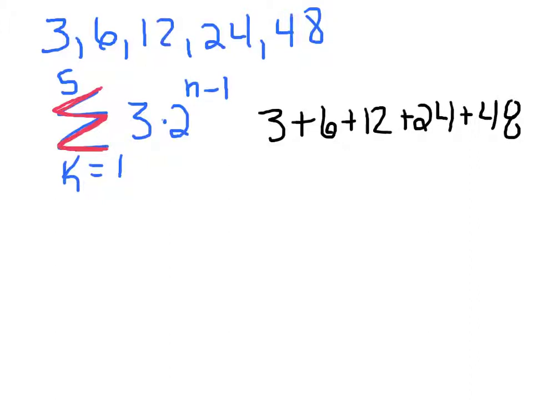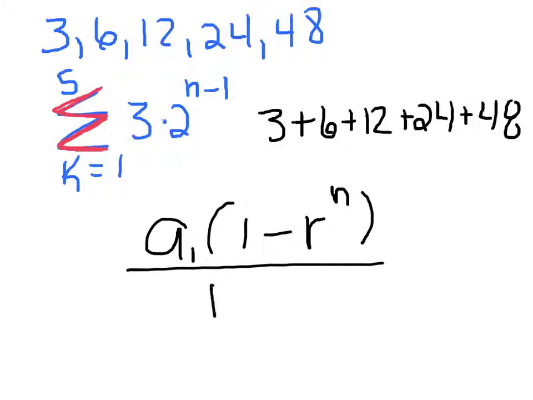Now I don't have a fancy story for the mathematician behind this one, but the formula for the sum of a geometric sequence is the first term times 1 minus r to the n over 1 minus r.